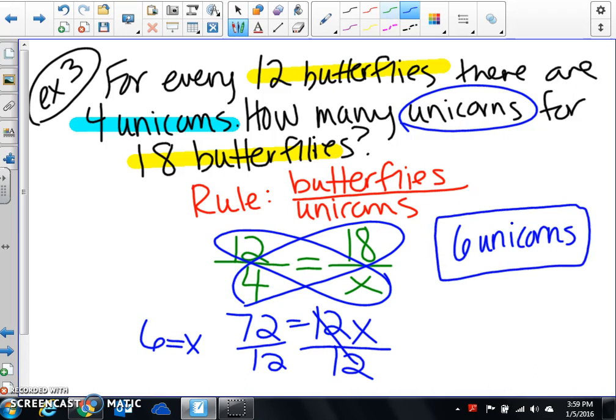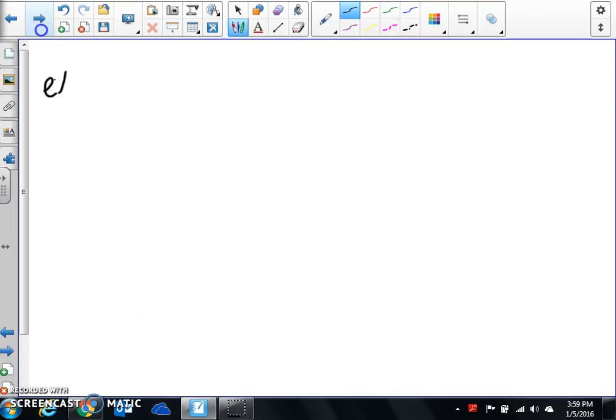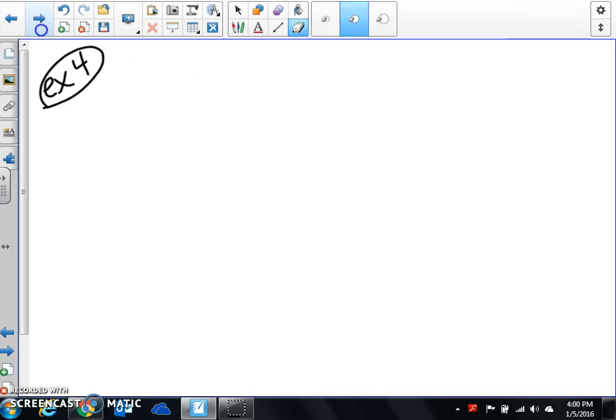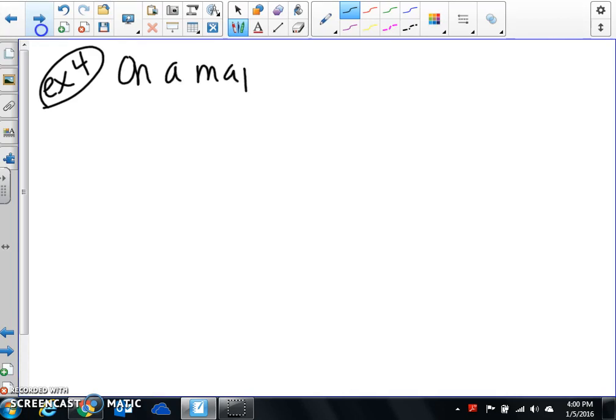The last way that they could ask you is using a scale. So they could say, on a map, 1 centimeter represents 120 miles.